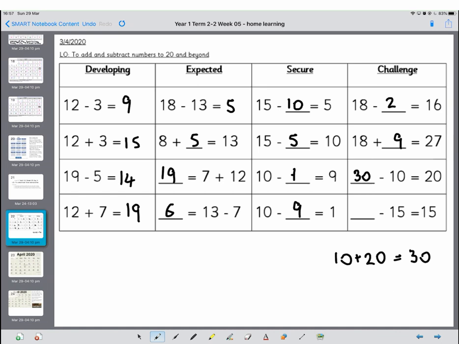And again, you could be doing the same with this. 15 plus 15, however you want to do that, probably 10s and 1s, equals 30 as well. So the answer must be 30 minus 15 equals 15. Brilliant, year one.